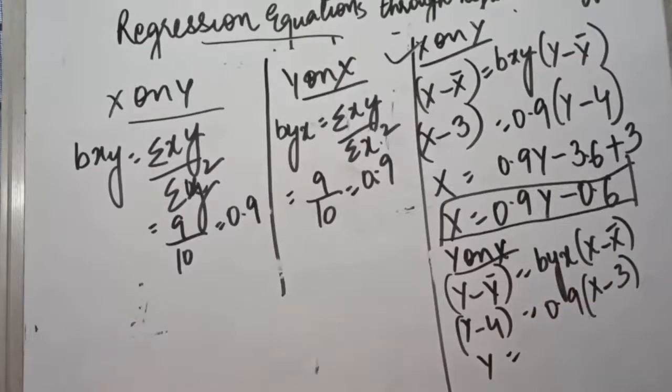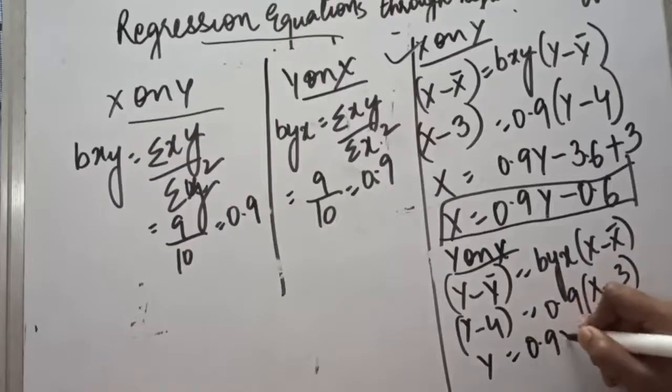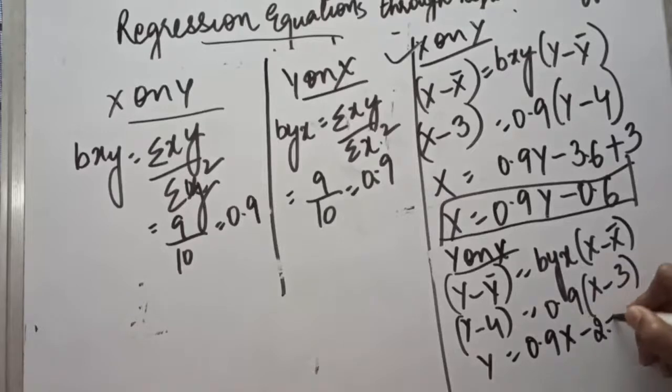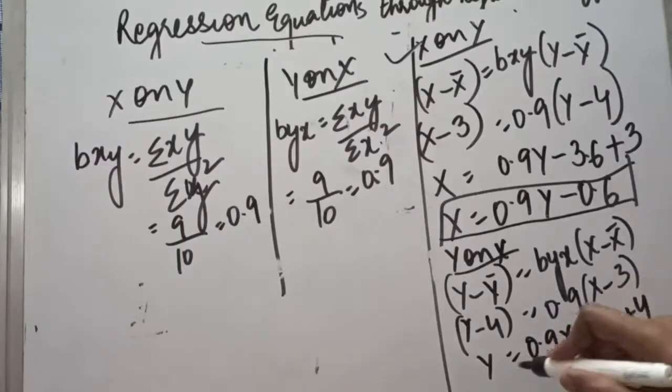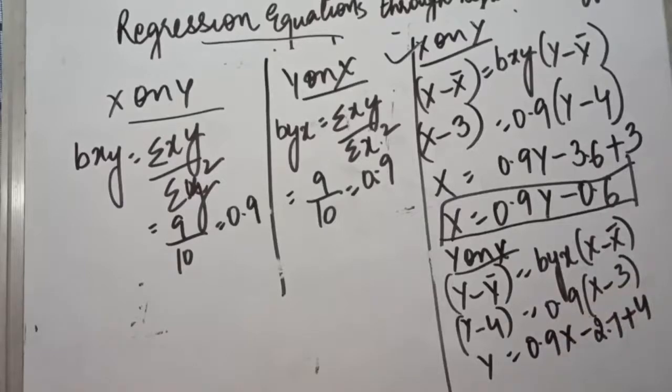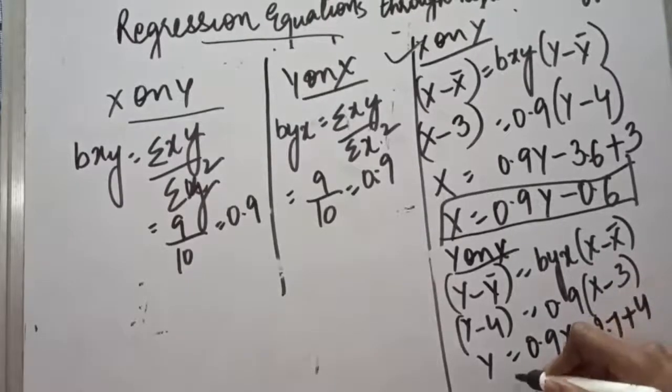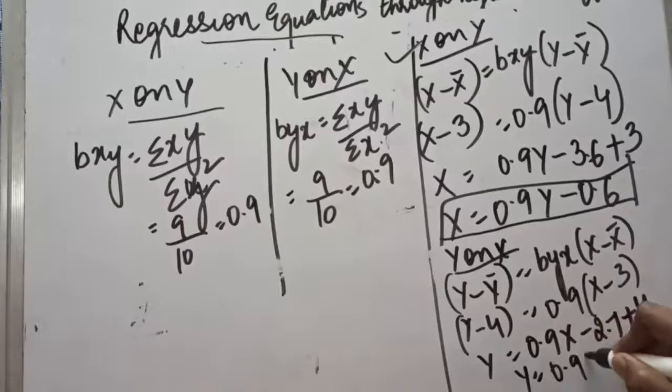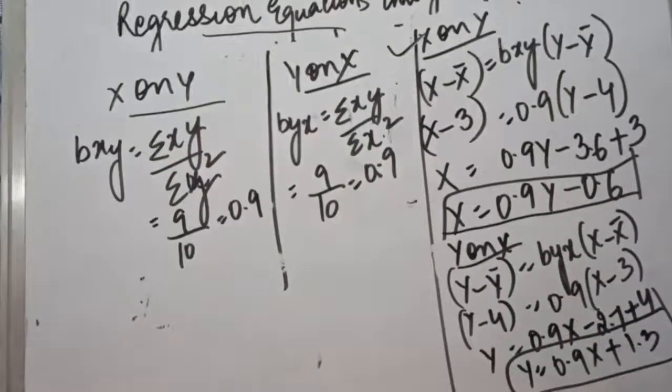Everything else should go on the right hand side. So it will be 0.9x minus 2.7 plus 4. From here we will get our second answer, that is y is equal to 0.9x plus 1.3. So this will become our second answer, the y on x equation.